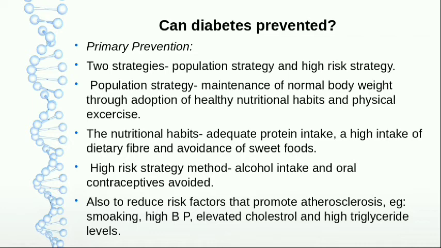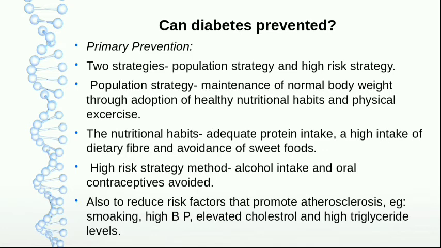The primary prevention has two strategies: the population strategy and the high-risk strategy. The population strategy is the maintenance of normal body weight through adoption of healthy nutritional habits and physical exercise. The nutritional habits include adequate protein intake, a high intake of dietary fiber, and avoidance of sweet foods.